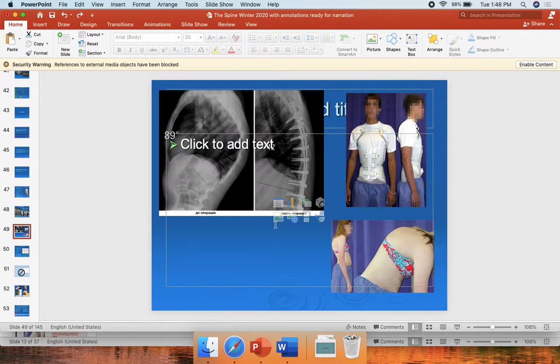So we'll come back here. You can see some more examples. This example here is a really drastic kyphotic curvature with the surgical fixation. You can see here another example. This one seems to be a little more superior in the back. So you can have that kyphotic curvature occur anywhere in the back, especially in this thoracic region.